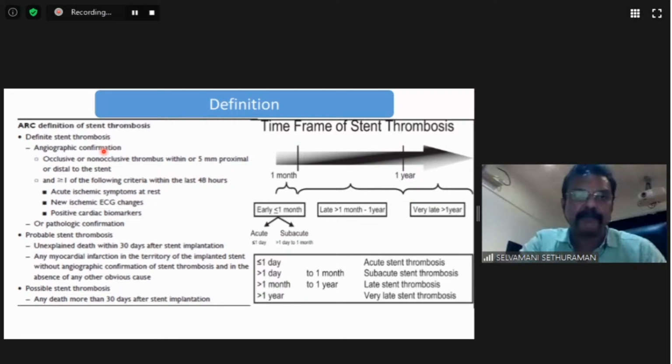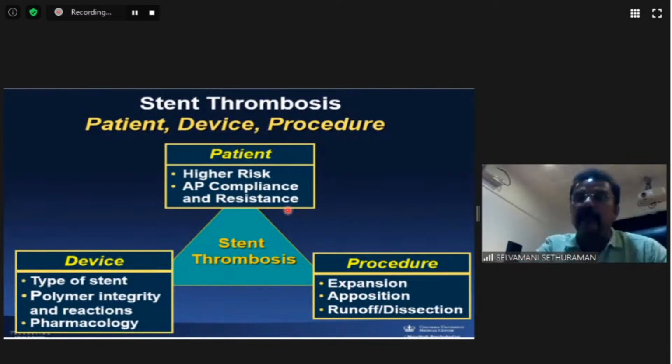And what are the reasons for stent thrombosis? It is usually multifactorial. One is patient factors, like high-risk patients, when there is resistance to clopidogrel or any other antiplatelet agent, and of course compliance issues. Then the device: type of stent, size, whether it is first generation or second generation, type of polymer, type of drug, everything is important.